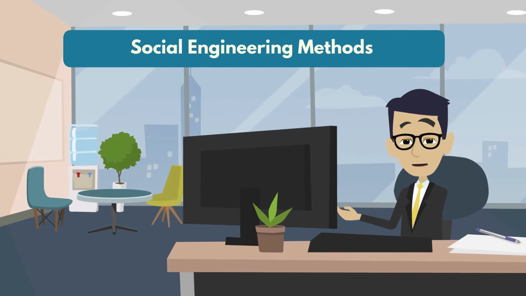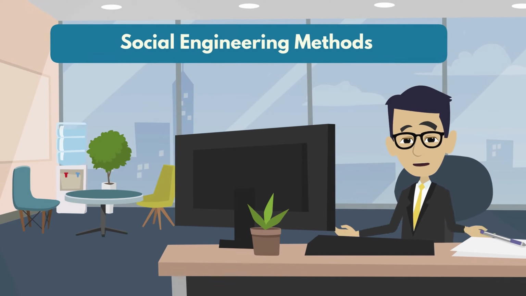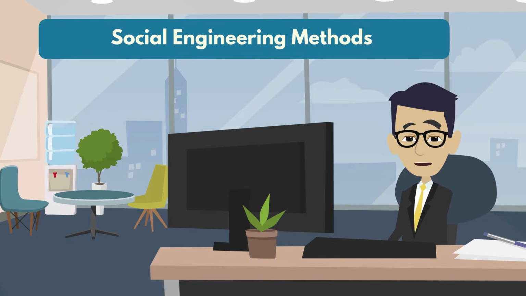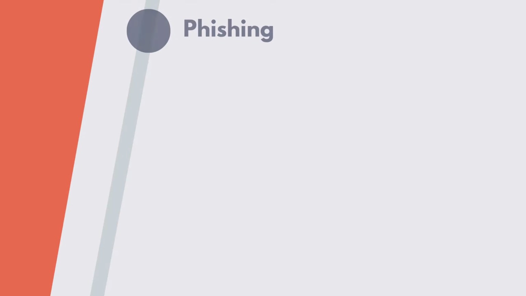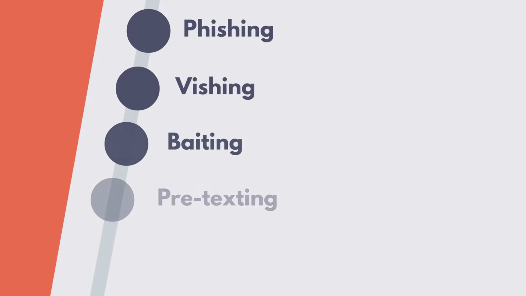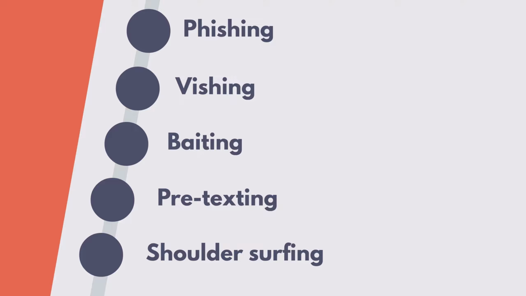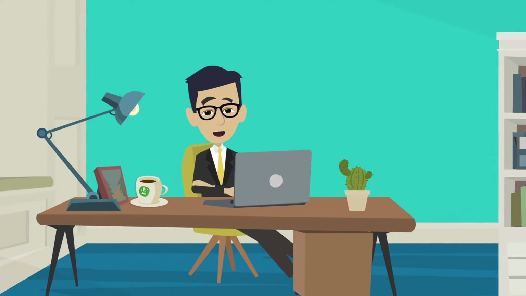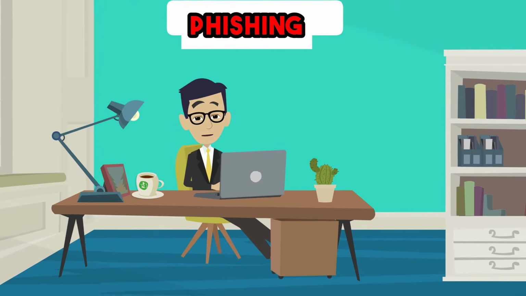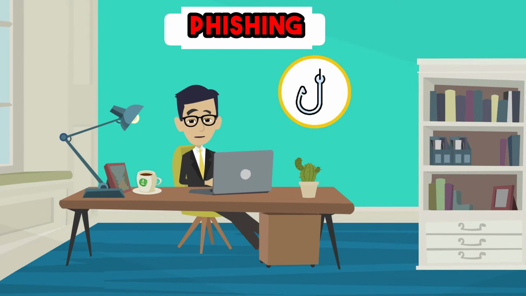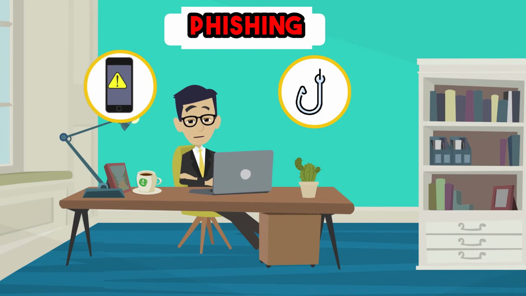Social engineering methods can vary, but this video will focus on the most common ones you need to be aware of: phishing, vishing, baiting, pretexting, and shoulder surfing. To start, the term phishing is used because cybercriminals use bait, like fraudulent messages, to lure victims into their traps.